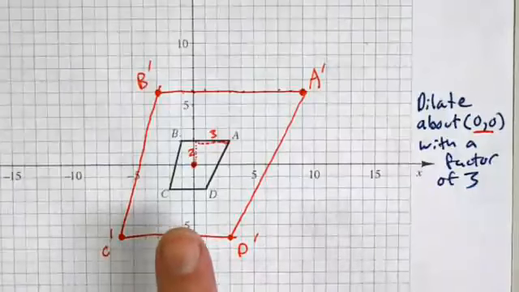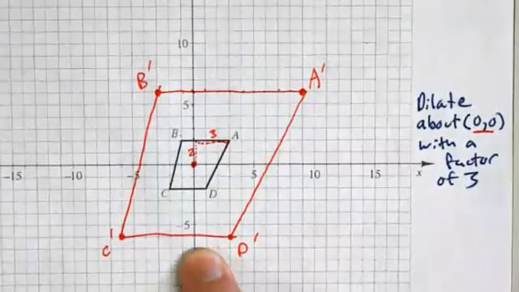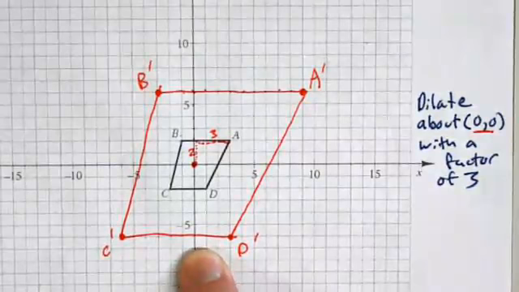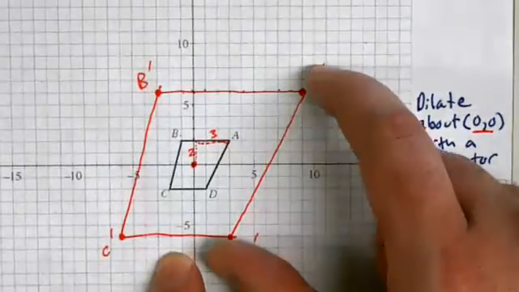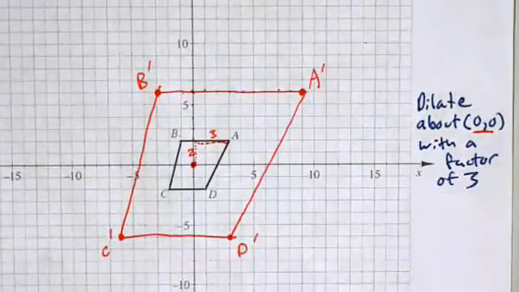So it keeps the same shape, but not the same size. And shape is really determined by what? Alex, you were kind of saying this a second ago. Not by the lengths of the sides, but by what? By the angles. Yeah, the angles determine the shape. The lengths determine the size.